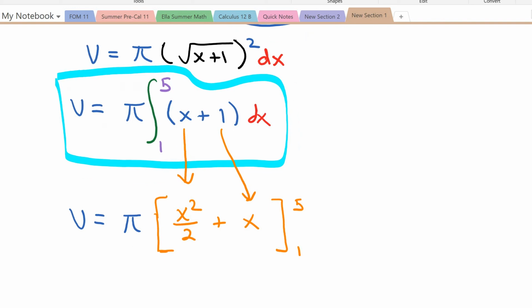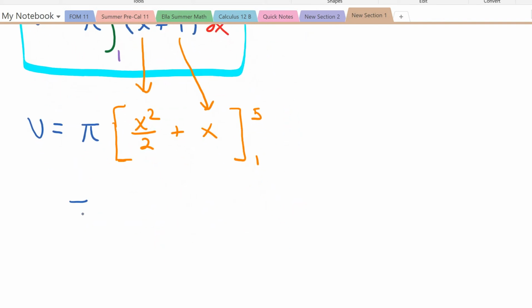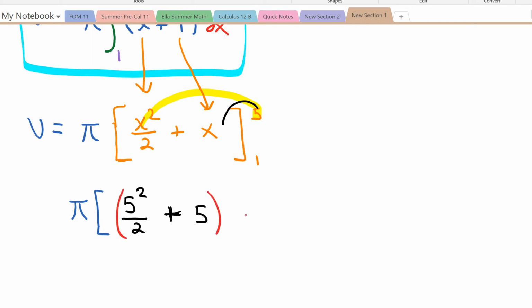All right, so now we have to evaluate this using the fundamental theorem of calculus. I don't see any quick shortcuts here, so let's evaluate this with my upper bound first. That's going to be 5 to the power of 2 divided by 2 plus 5. So that is the first upper bound, and then I need a minus the lower bound now, so 1 now goes in for the x's here.